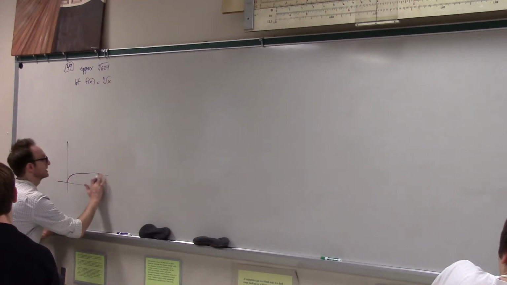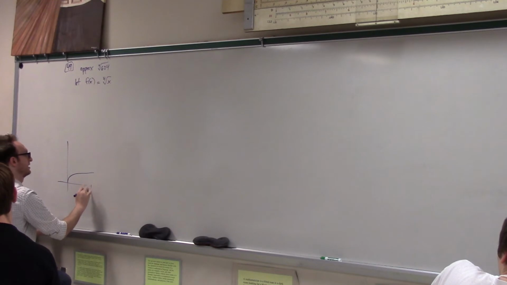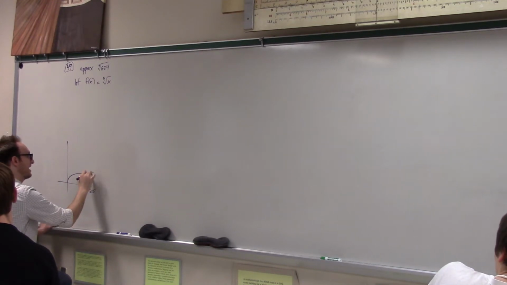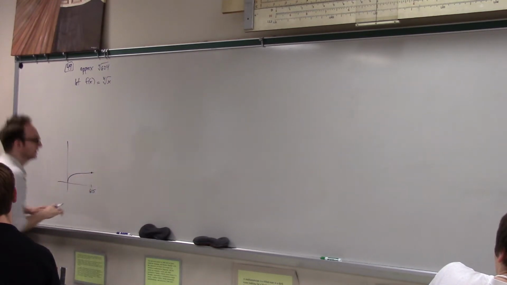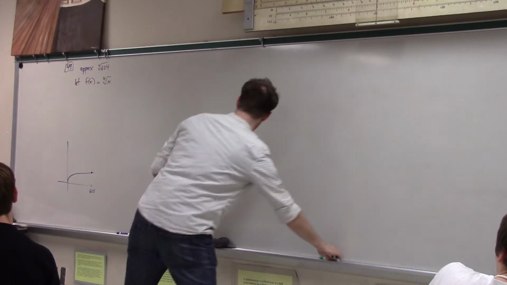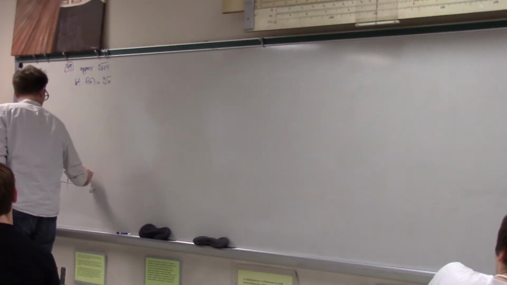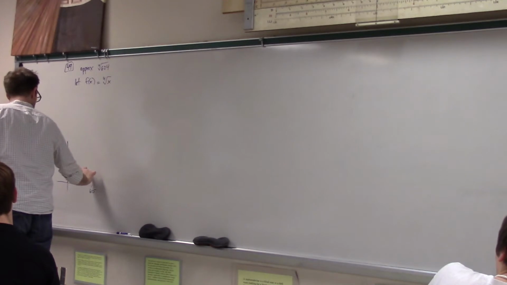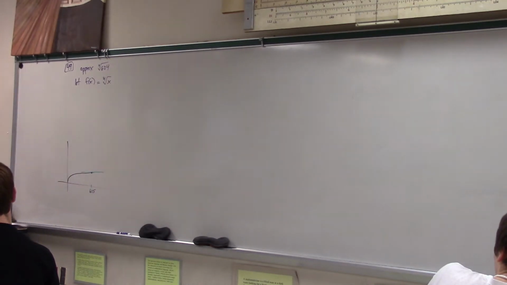I'm interested in the fourth root of 624, but let's go out to 625, which is extremely close to 624. And thus, if I want to know the fourth root of 624, I could approximate it by using the tangent line to the curve at 625. So there are many ways to do this. I'll just do it the differentials way.